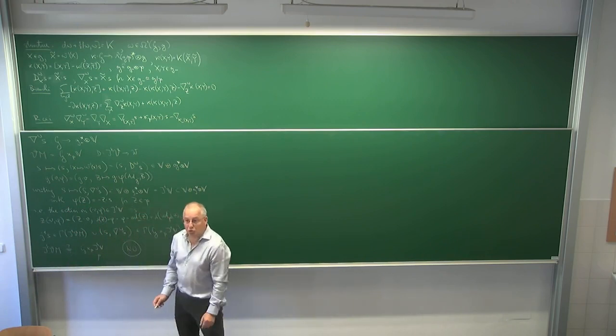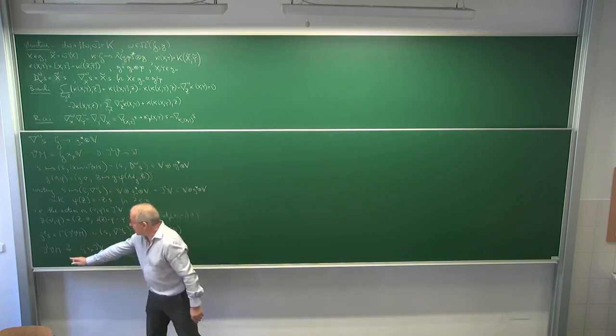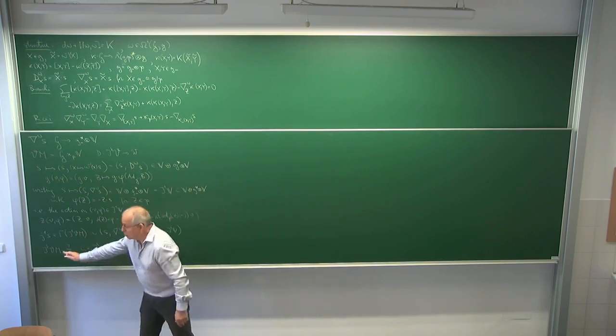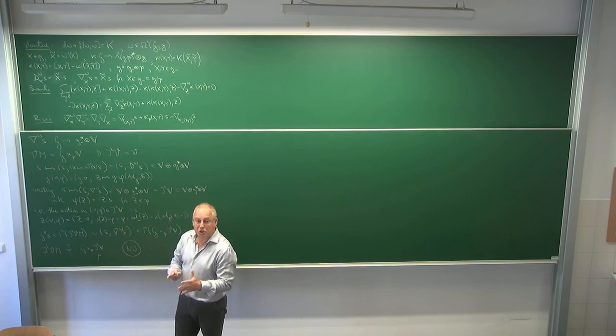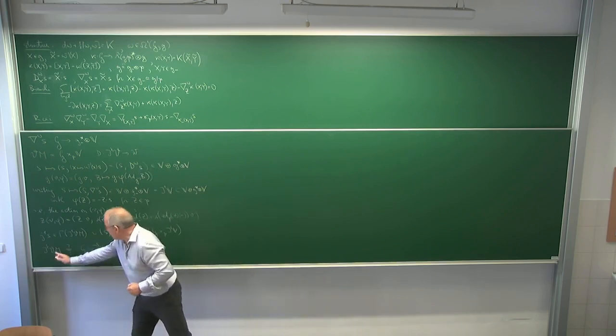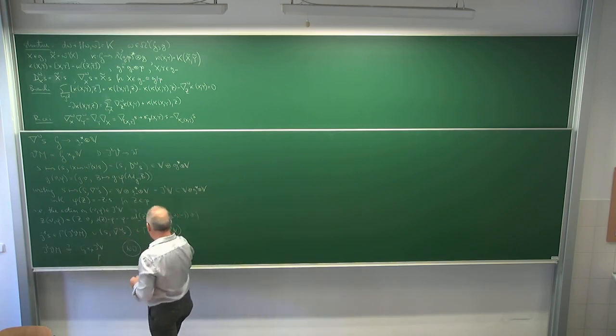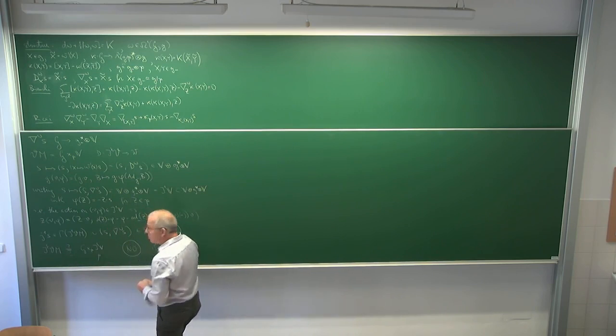You can't identify in general these two things by having some natural universal differential operator which would go from here to here if k is bigger than 2.